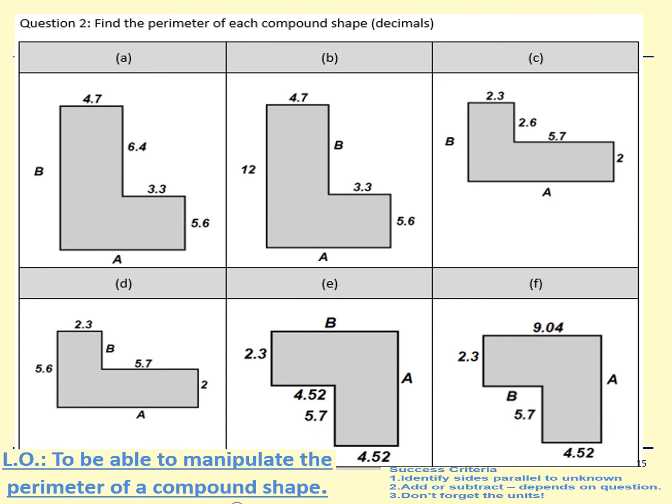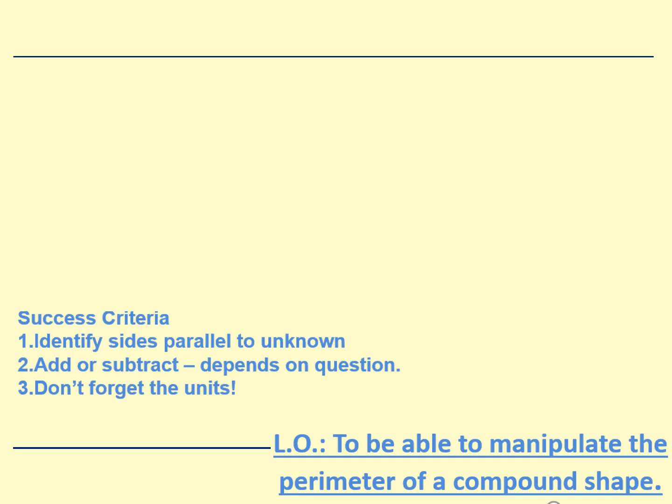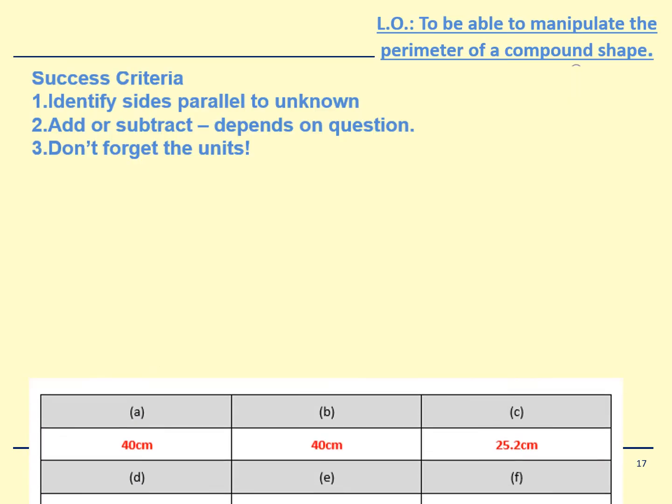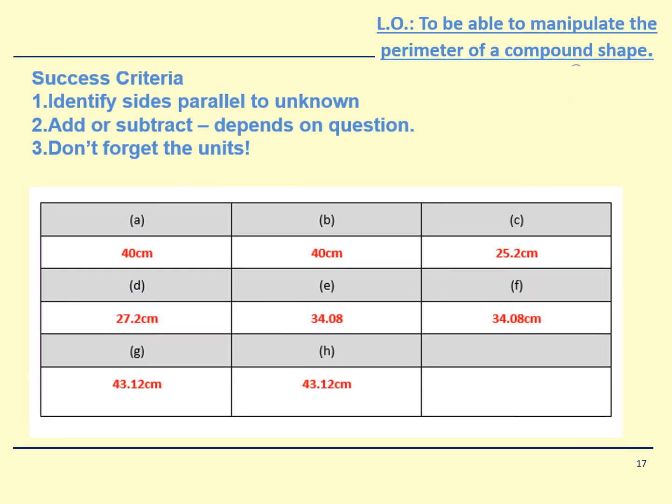Have a go at them, pause this video and try to answer those. And another 2 questions, pause the video and have a go at them yourself. And here are the answers. If you've got all 8 of them correct, well done.